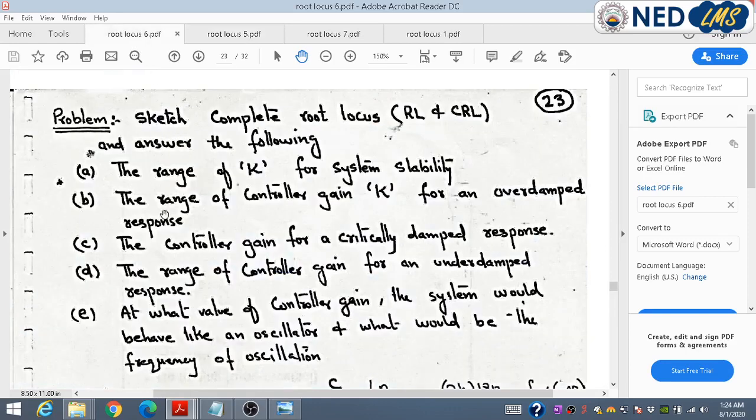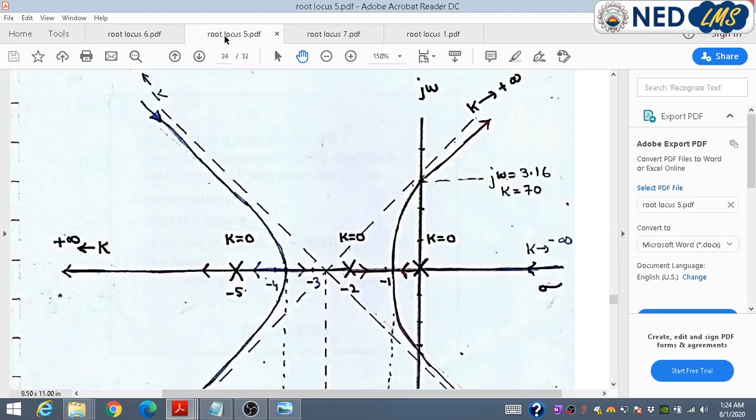The second query is the range of the controller gain for an overdamped response. For an overdamped response, the system roots should be real and distinct. So in this case, one root is moving from here, the second root is moving here. When the roots meet here, the values of both roots will be equal. This is the condition for a critically damped system.